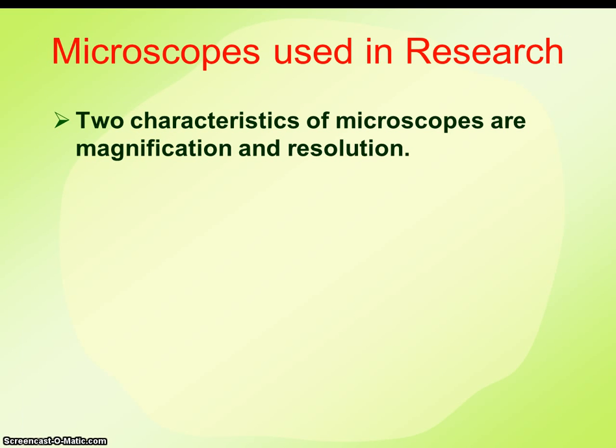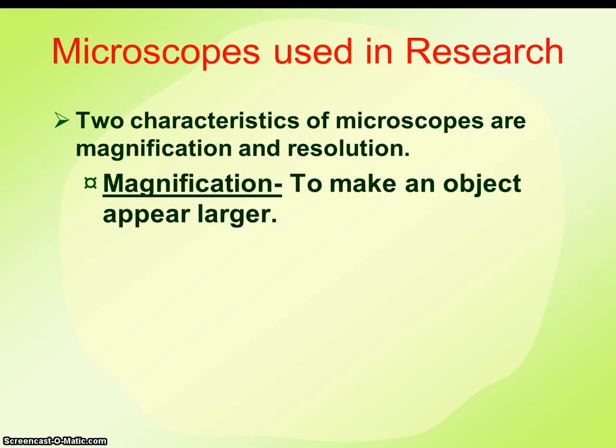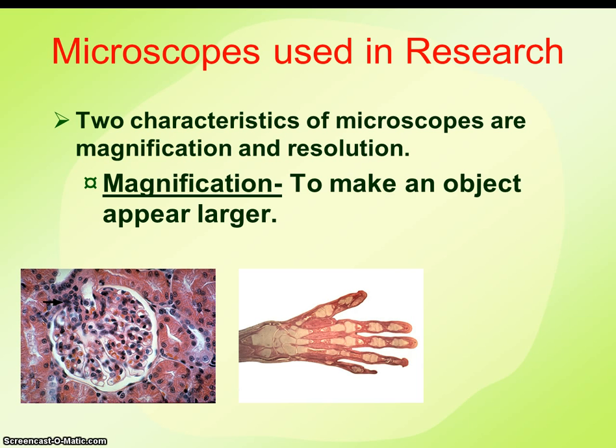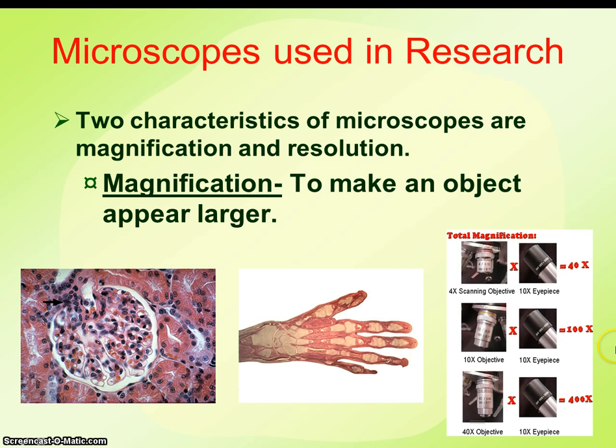Alright, so our microscopes are usually characterized by their magnification and their resolution. Magnification just means how much bigger we can make that object, if you're looking at cell structure, for example. Our particular microscopes have three magnifications: small, medium, and large. These are going to be 4 times, 10 times, and 40 times the original size.